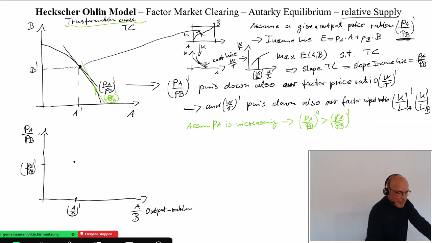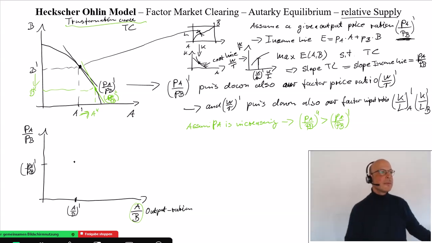Well, this means I obtain now a new optimal production basket of A and B. A is increasing, B is decreasing. Of course, what happens then to our ratio A over B relative to A over B prime?